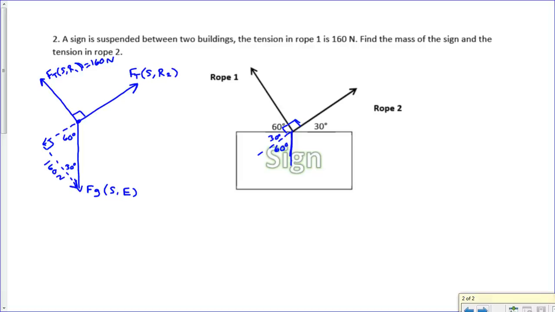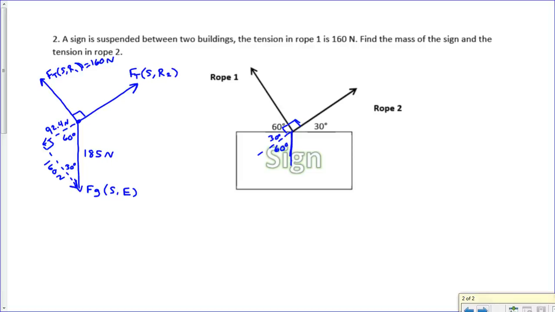So this is also 160 newtons, and that gives us some information we can use to find the other parts of this triangle. If you use trigonometry, you should be able to find that this side is 92.4 newtons, and the overall gravitational force is 185 newtons.